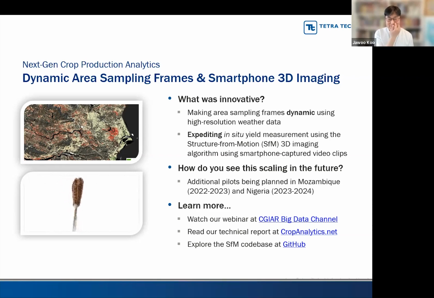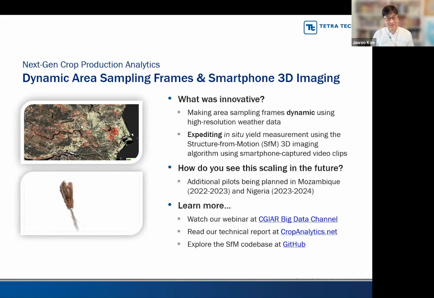What this map shows is that over time, even if you have a good idea of where rice is grown, depending on seasonal weather patterns, there is always a changing geography of rice performance, which means if you have only a static sampling frame, you often get misled by the analysis result.